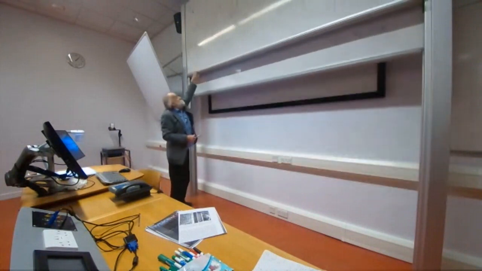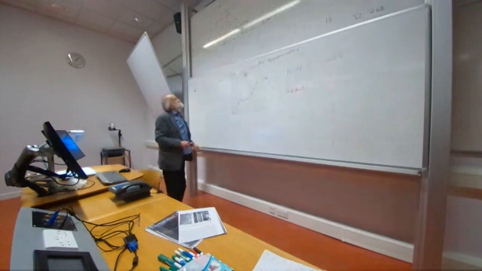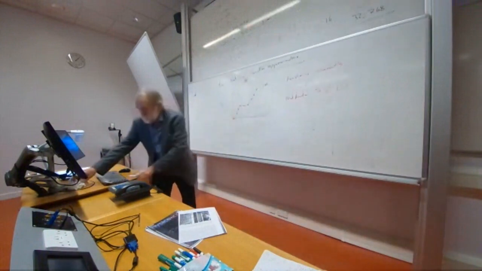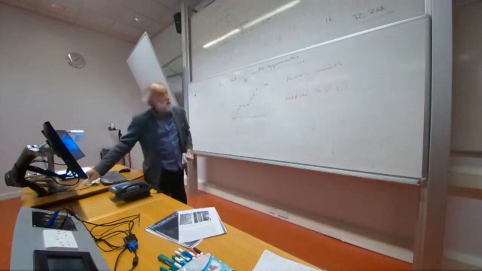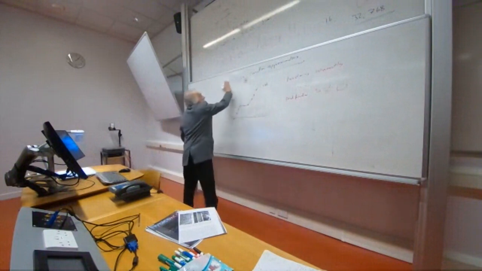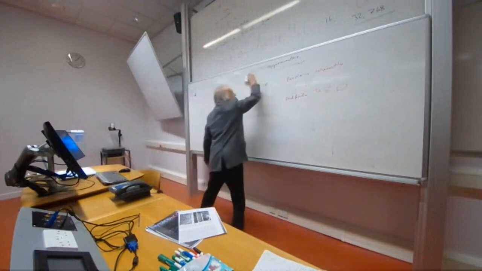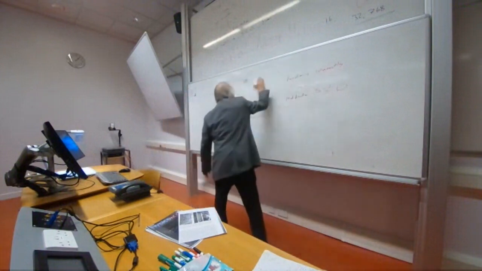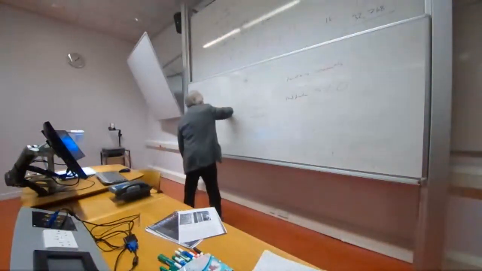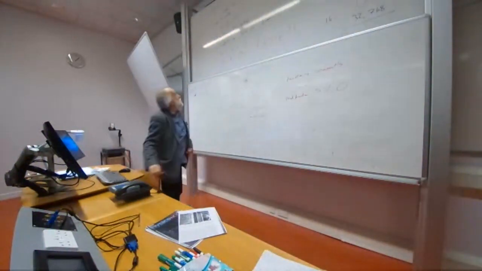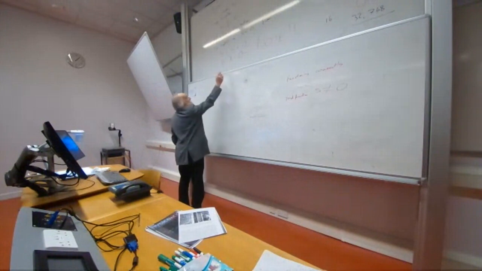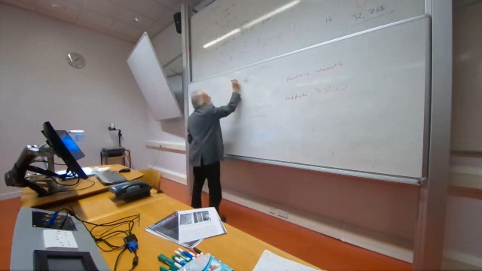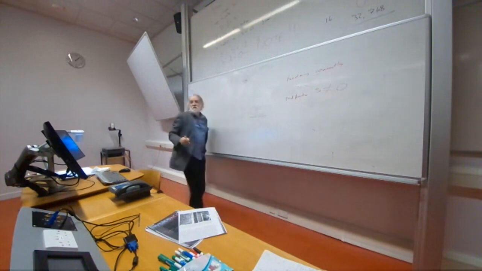So, substituting for W prime in that equation, we get W prime is W plus Ci, so W plus Ci dot I equals 0.